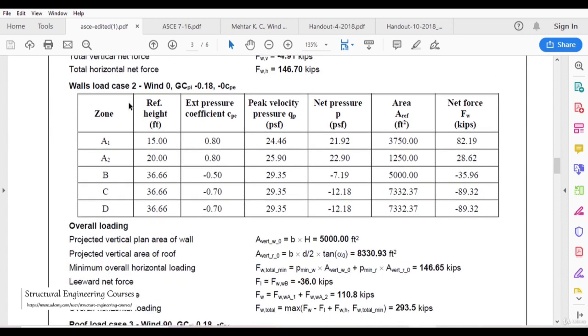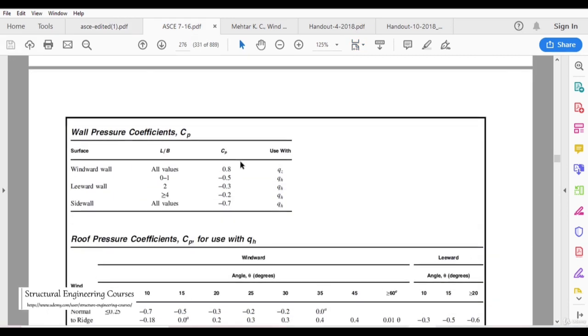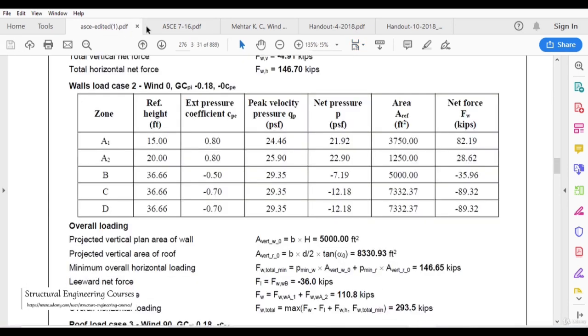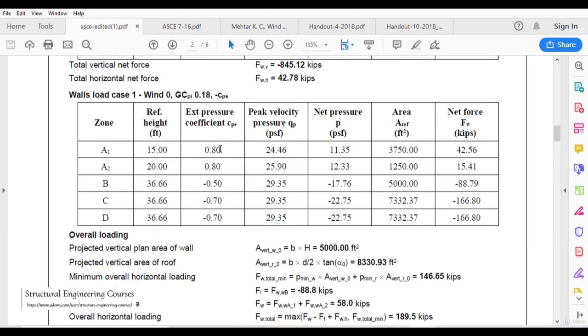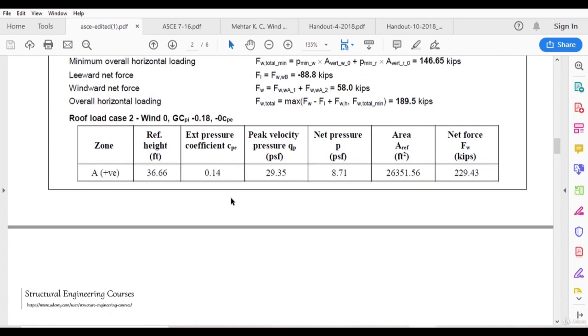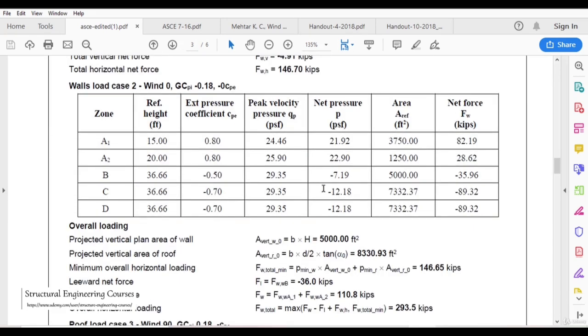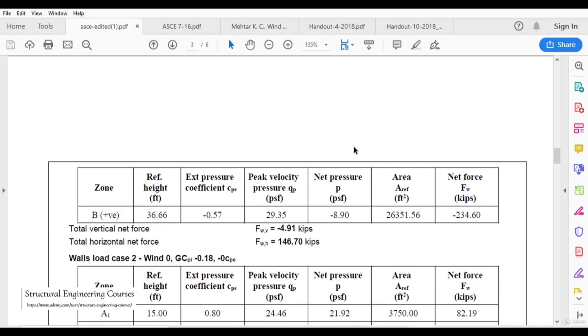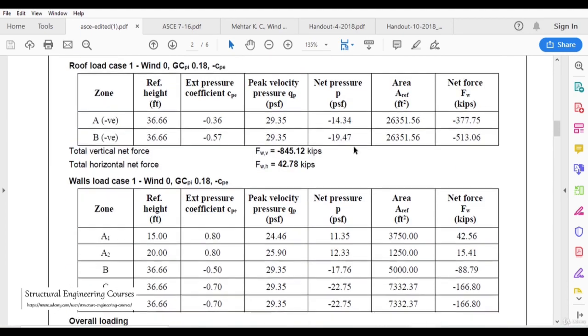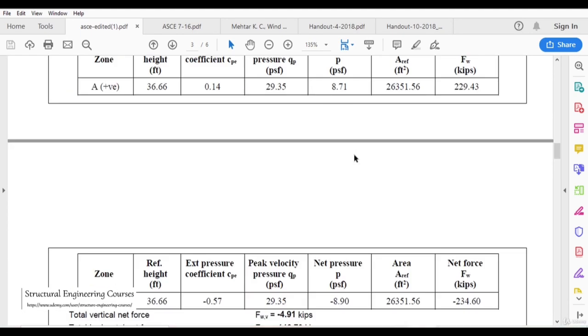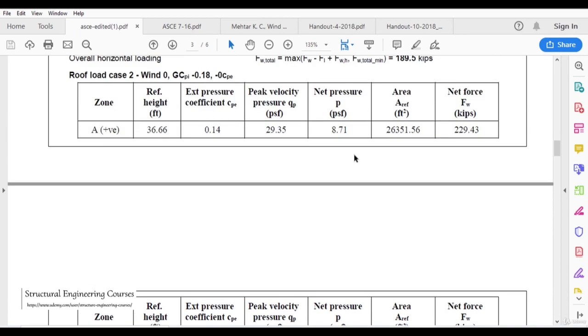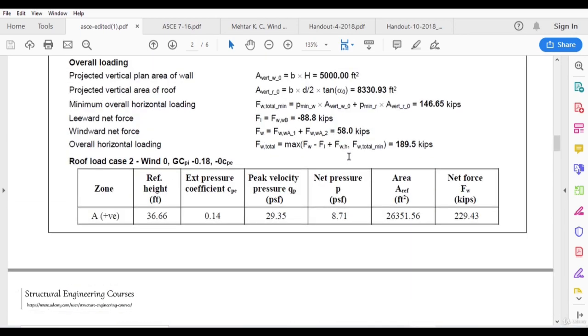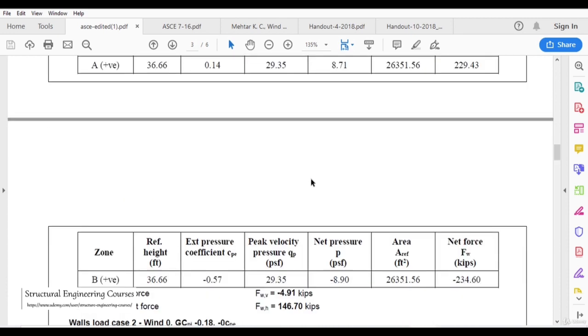Similarly, if we are talking about the wall load case, so A1, A2 and B we are talking about. For that we can go to this table here. These values should be the same, so it is again 0.8, 0.8, minus 0.5 and minus 0.7. But our net pressure here is obviously different, because here we are talking about plus GCPI and for load case 2 we are talking about minus GCPI.